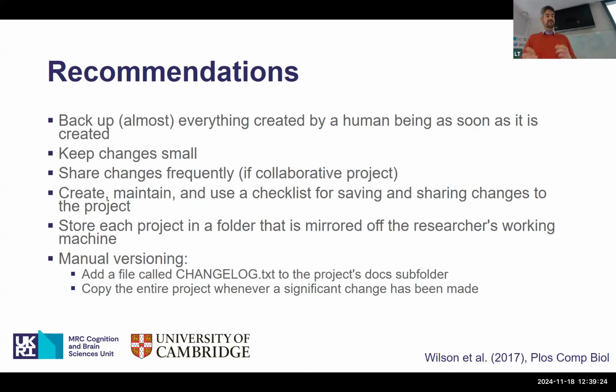For the manual versioning, two of the recommendations are to add a file called changelog, like a text file, in the docs subfolder, and then meticulously log every change to your code. And whenever you change something, you copy the entire project to a different subdirectory, so you have a record of those. You can imagine that's a lot of work.